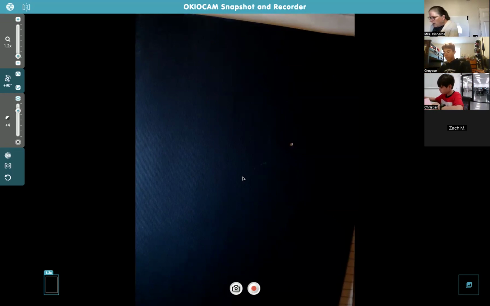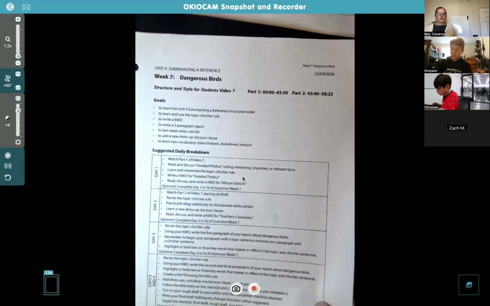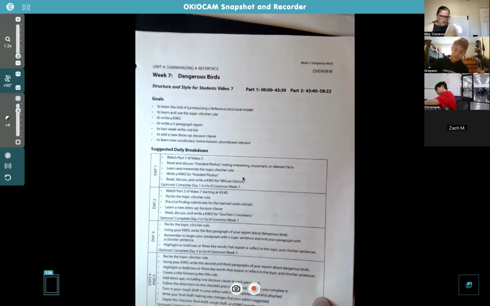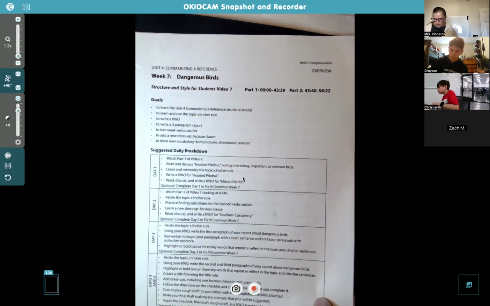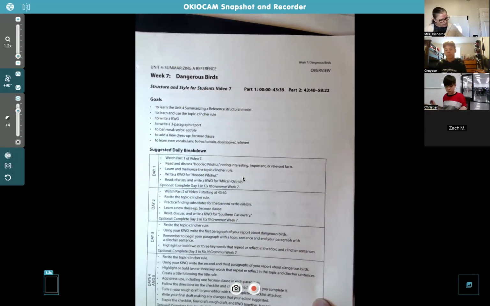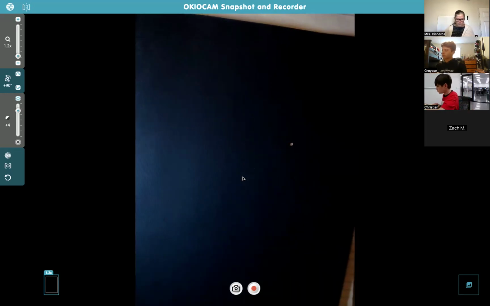And then everything else that you have for dangerous birds can go away in your finished folder or binder. Whatever you keep this stuff in, put that with your finished stuff, wherever that goes. Okay.